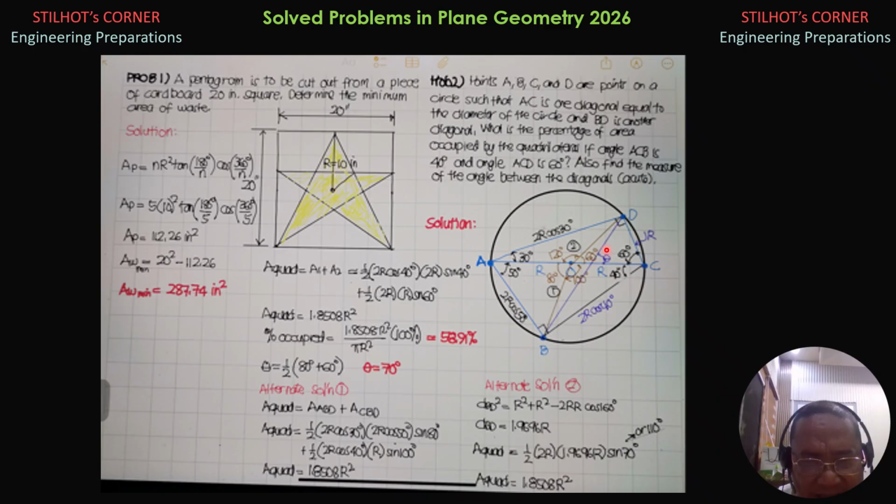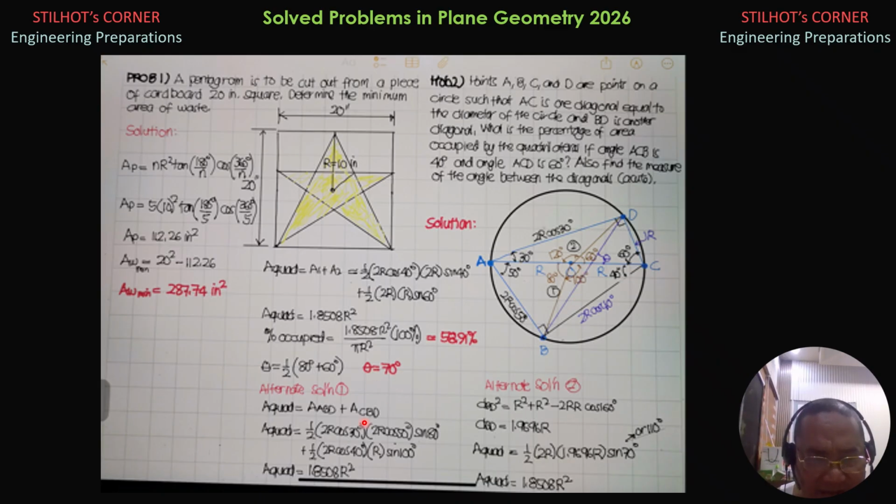Therefore, theta, this angle between the diagonals, is half of 80 degrees plus 60, so theta is 70 degrees. The obtuse angle counterpart is 110 degrees.